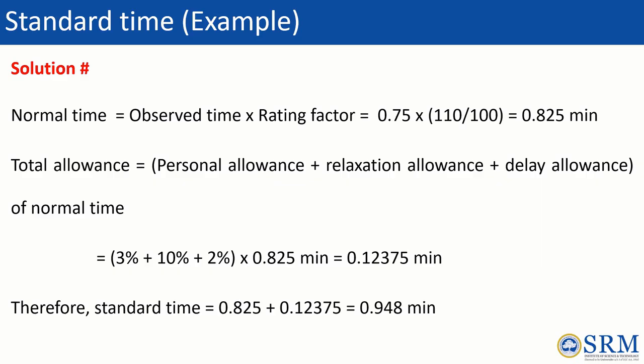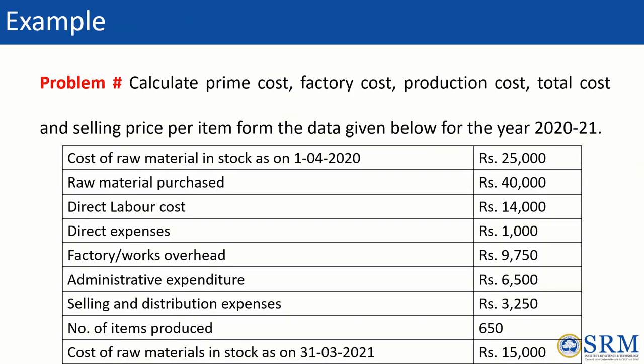We will move on to the next problem, the cost ladder example problem. So now let's apply our structural cost ladder concept to a corporate financial data set for the year 2020-2021. Our goal is to calculate the prime cost, factory cost, production cost, total cost and final selling price per item from the ledger details provided on the slide.